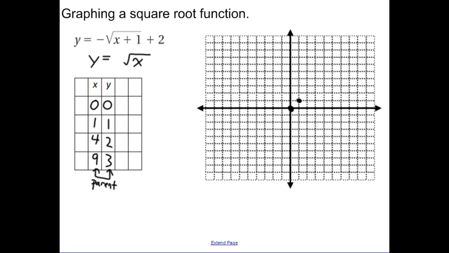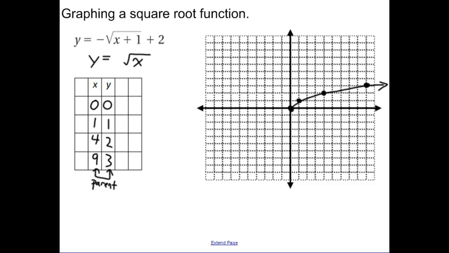X equals 4 and y equals 2 is here. And lastly, x equals 9 and y equals 3. I'll connect my points with a curved function, and that describes my parent function y equals square root of x.